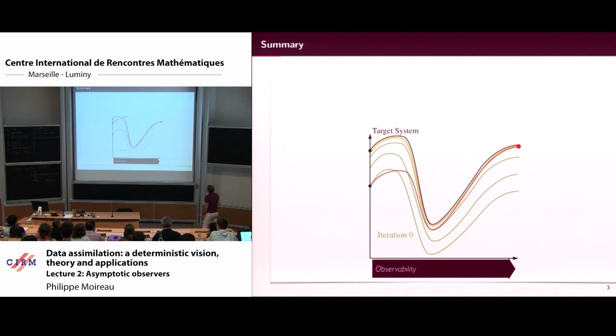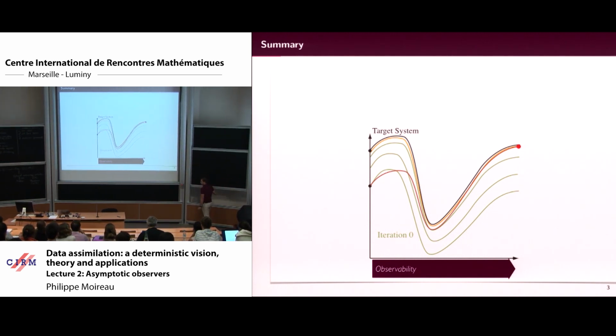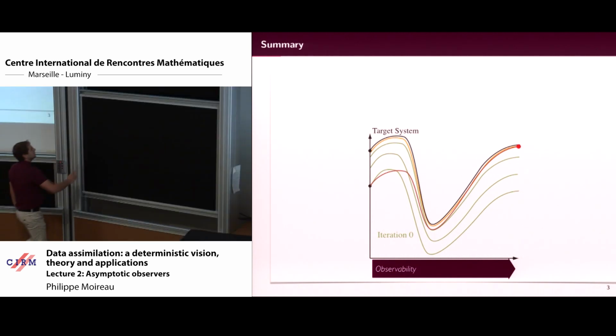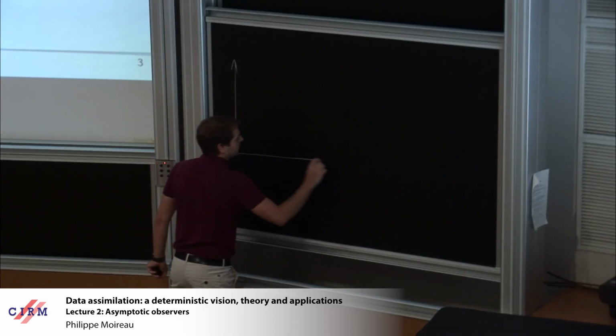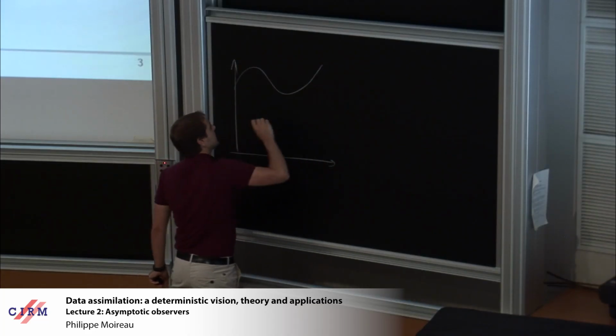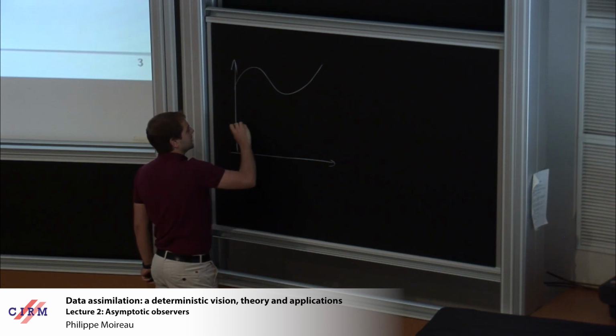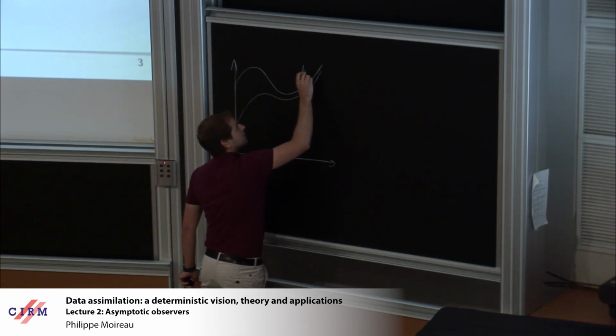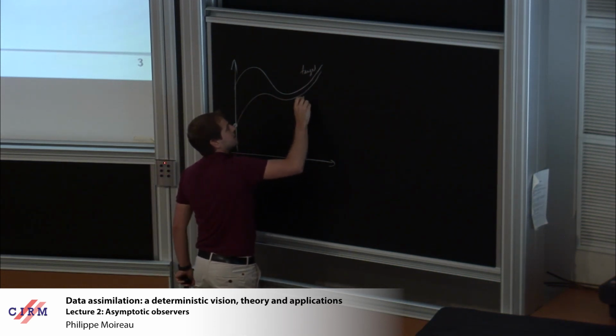So these red curves are really the core, the spirit of Kalman. Kalman will give you something: you have your target trajectory, you start from that, and a target estimation.